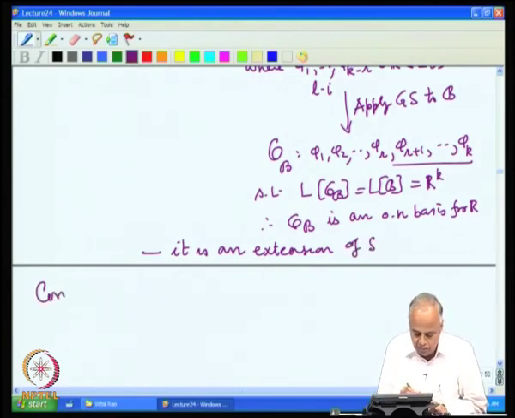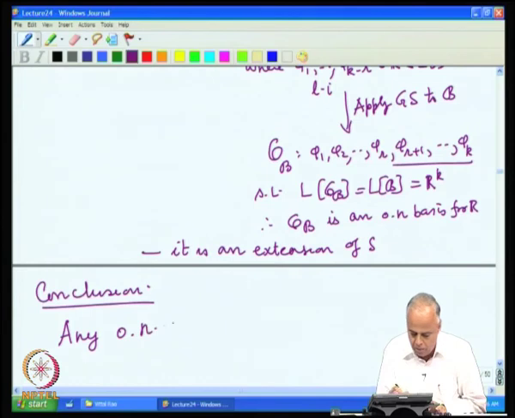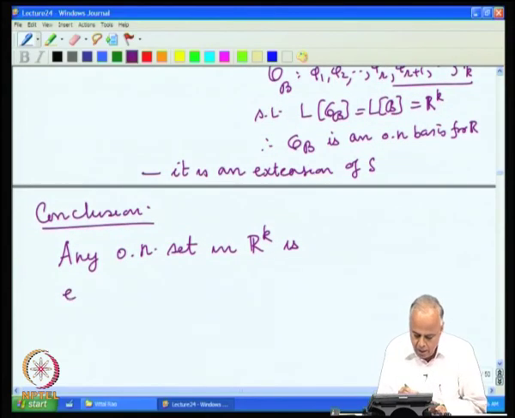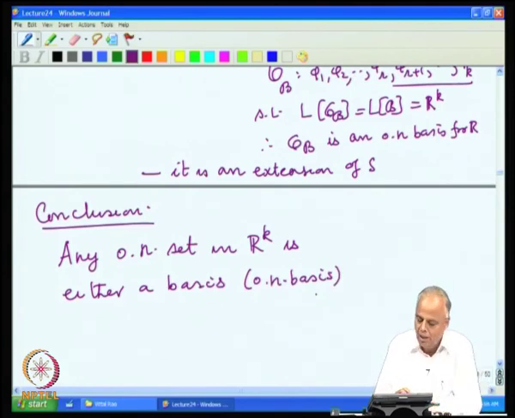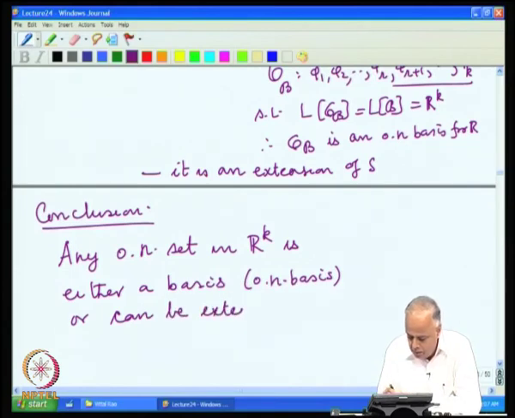So, conclusion: any orthonormal set in R k is either a basis, in fact an orthonormal basis, or can be extended to an orthonormal basis.